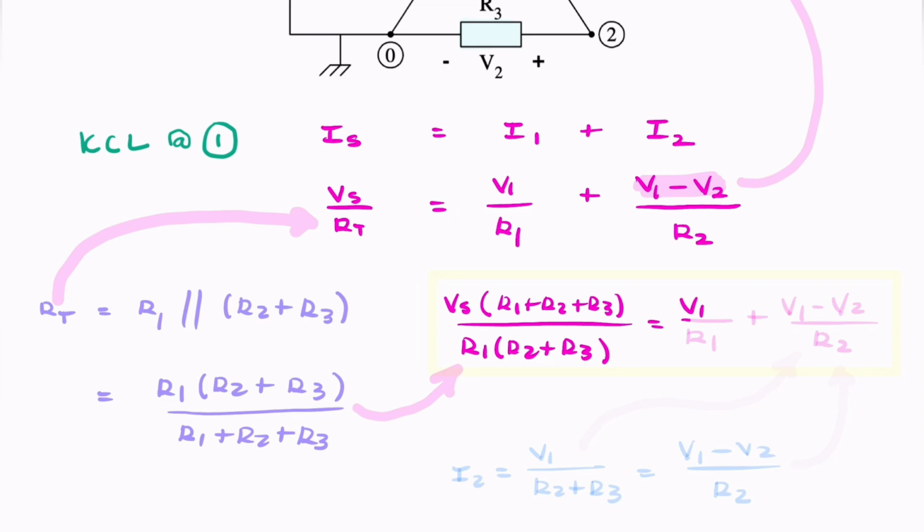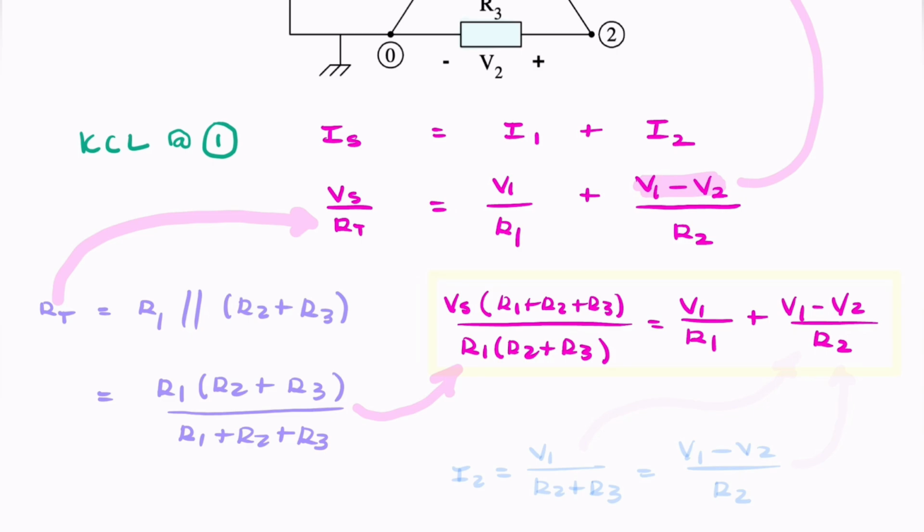Equals V1 over R1 plus V1 minus V2 over R2. Now, that's probably good enough for the nodal equation. I'm not solving the nodal equation, I'm simply writing the nodal equation.